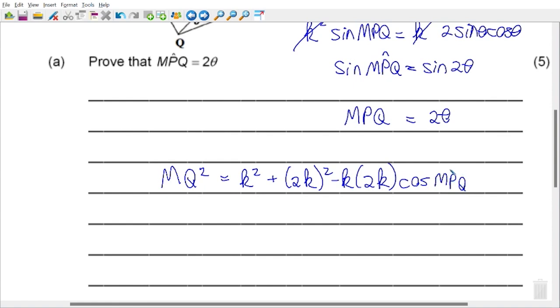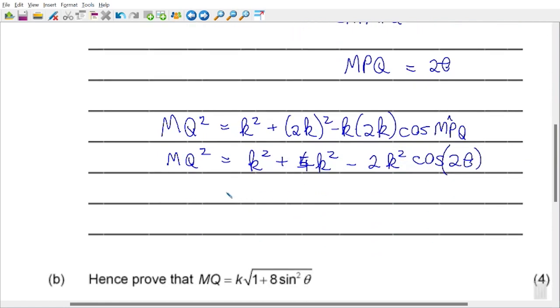But I've just proved that MPQ is 2 theta. So in fact, MQ squared is going to be k squared plus 4k squared minus 2k squared cos of 2 theta. Now let's have a look at what we are being asked to show.